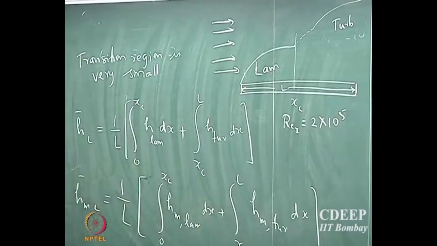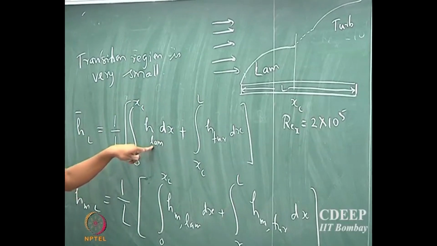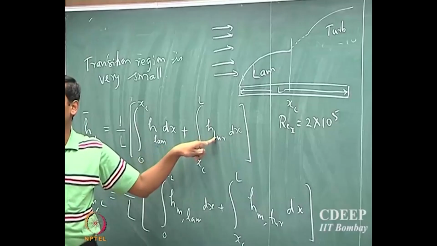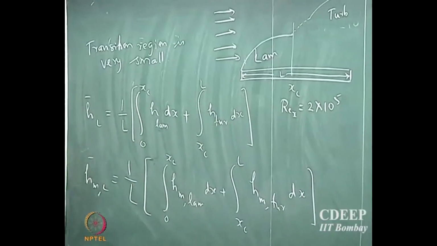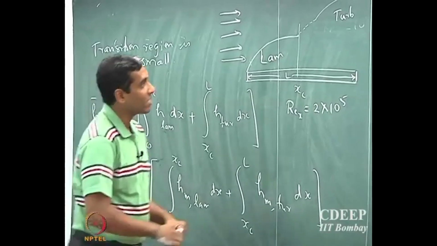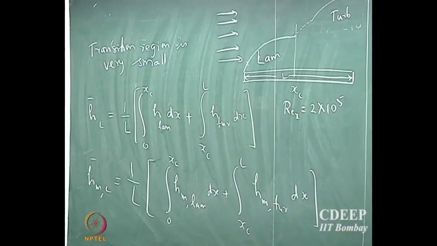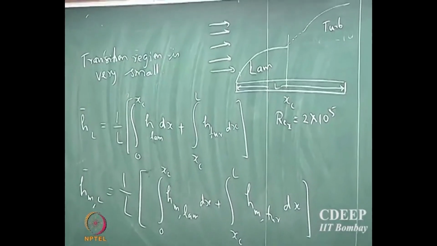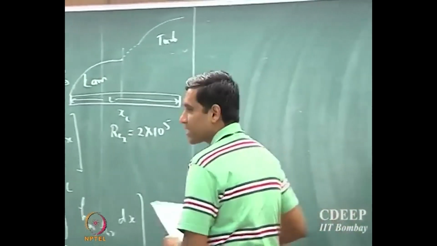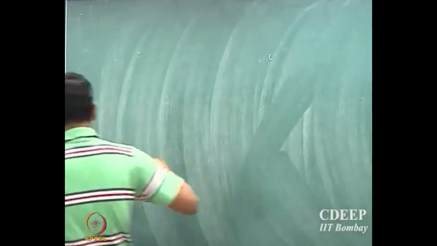So if we know Nusselt number, we should be able to calculate the heat transport coefficient under laminar conditions, similarly heat transport coefficient under turbulent conditions. So plug that in and you can integrate. I am not going to do the integration here. It's quite easy, it's not very hard. It takes about 5 minutes to do the integration, so you should all do this, okay.